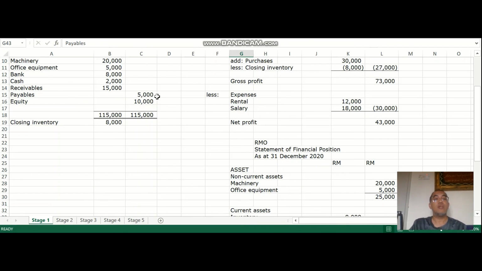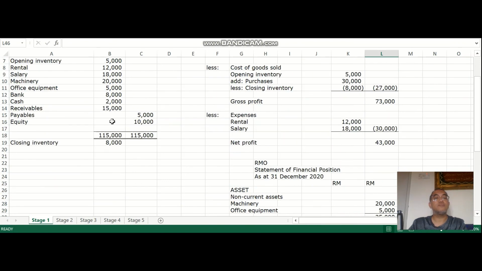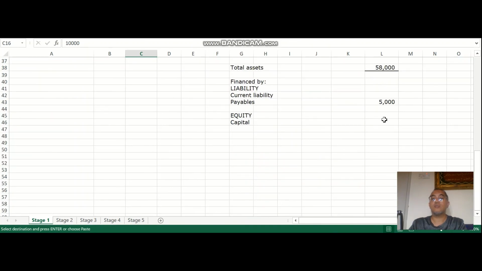Okay, so my payables is 5,000. So I put here payables is 5,000. And I have my equity. So capital, how much is my capital? Capital is 10,000.